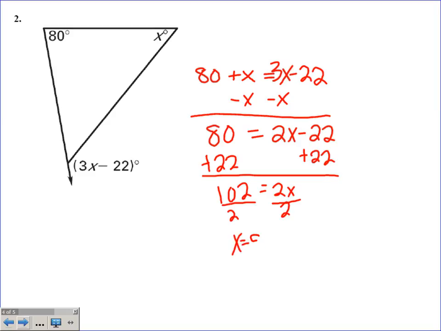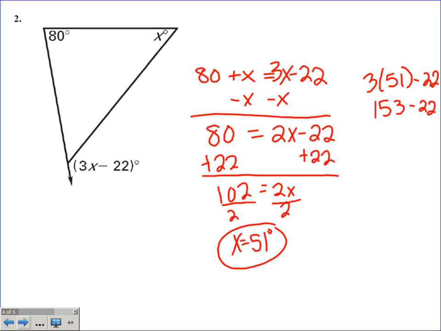X equals 51. Am I done? No. That's one of my answers, though. X equals 51 degrees. How do I find my other one? 3 times 51 minus 22. Let's see, 3 times 5 is 15 times 3 minus 22 there.